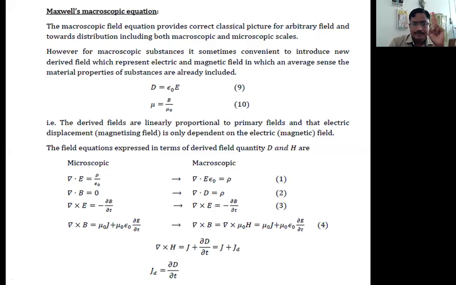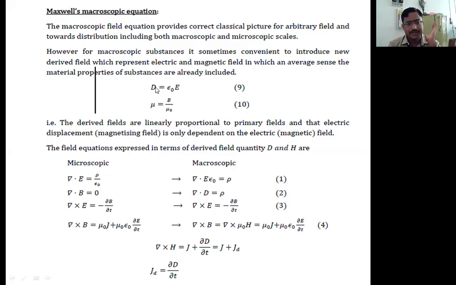We need two equations. What are those two equations? Let us see. D is equal to epsilon 0 E and B is equal to mu 0 H. Here it should be H. H is equal to B divided by mu 0. These two things are very important. What is D?